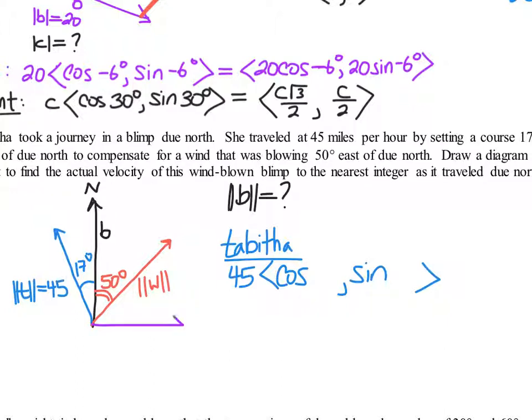It's got to be the degree measure off of 0. So we're talking this third angle here. That would be the sum of 90 degrees and 17 more, so 107 degrees.